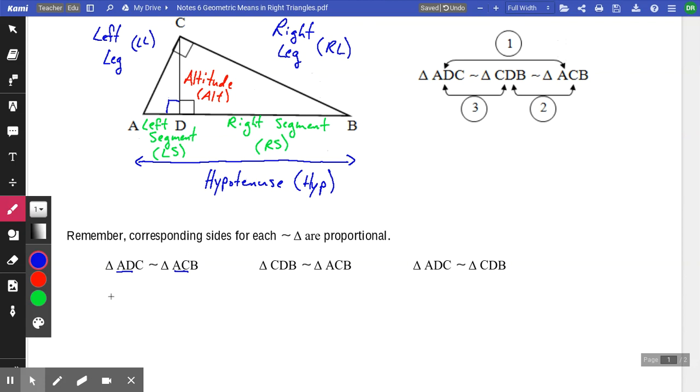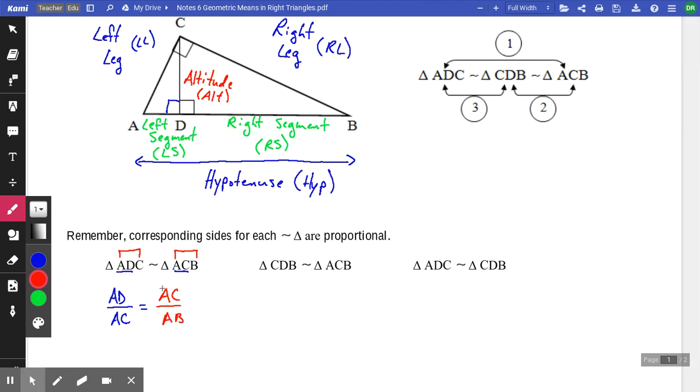So this says that AD corresponds to AC. And our idea of proportionality is that this comparison between the two triangles should be equal to another comparison in those two triangles. Another comparison that I could set up would be the segment AC in our first triangle, which should correspond to the segment AB in our second triangle.